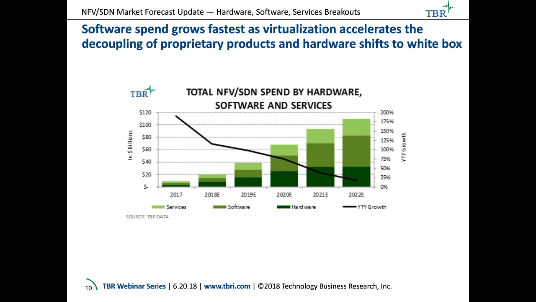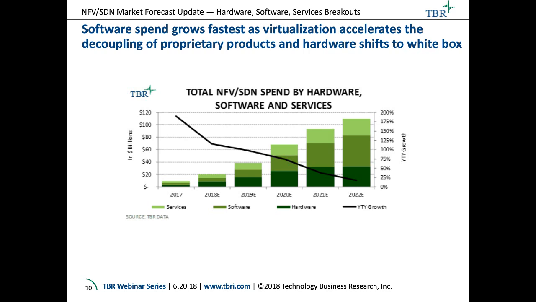Because when you look at the vendor business models in this market, the incumbents, their entire business is predicated on selling hardware refreshes, right? So that business model is under direct attack from this trend because all of the value in the network of the future is going to be in the software layer.